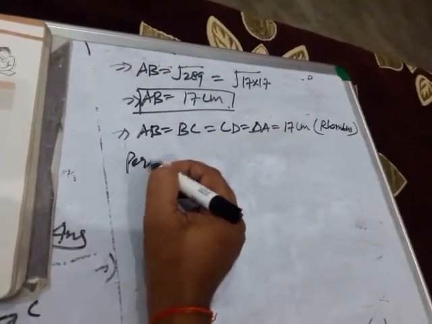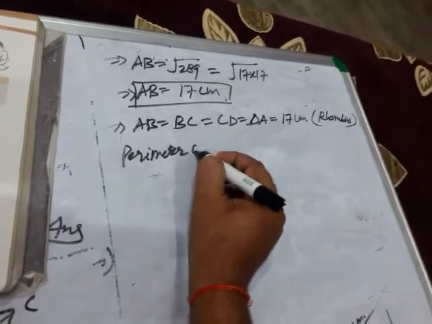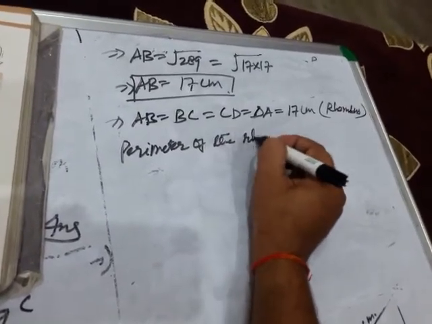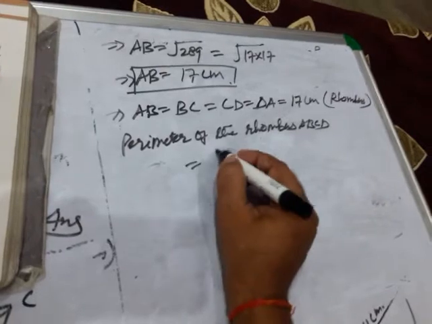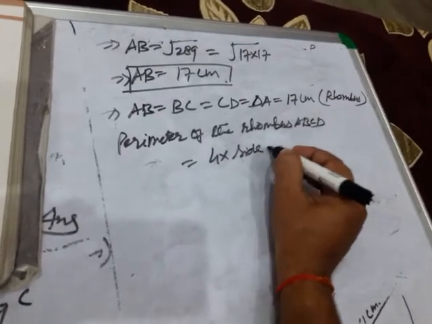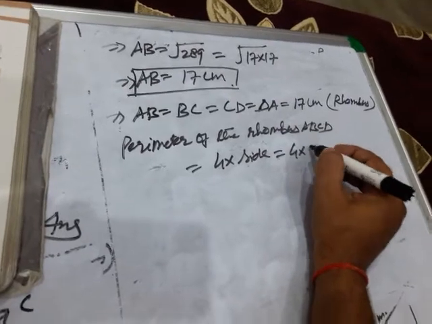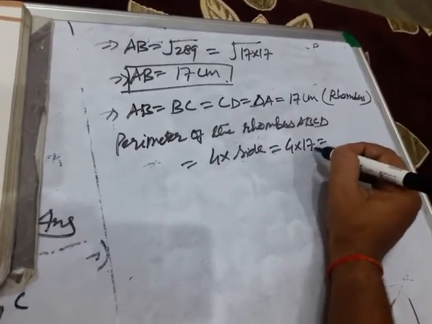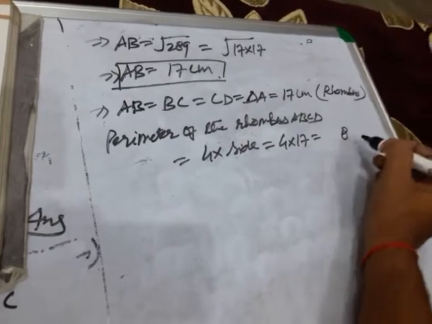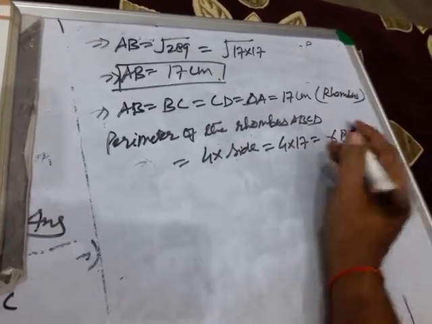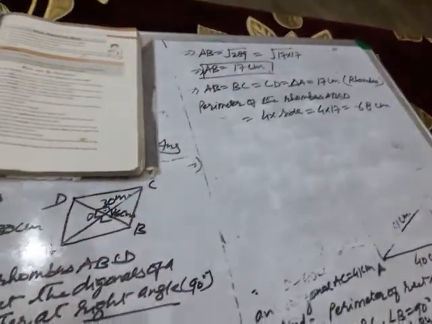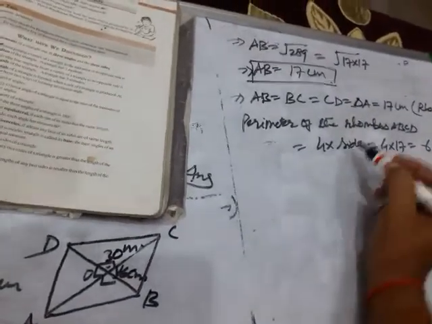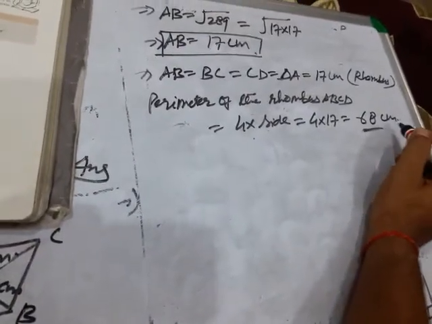This implies the perimeter of the rhombus ABCD equal to 4 into side, that is 4 into 17 centimeter, that is 68 centimeter.